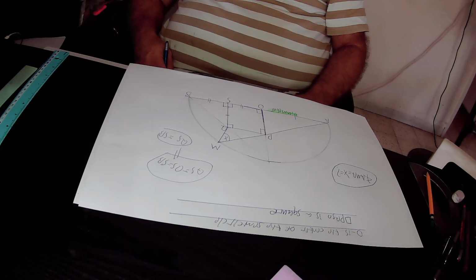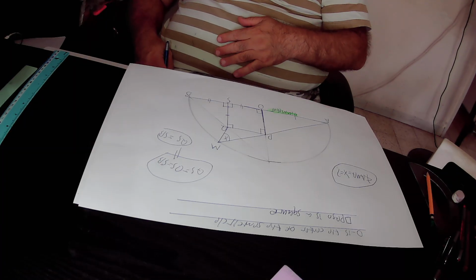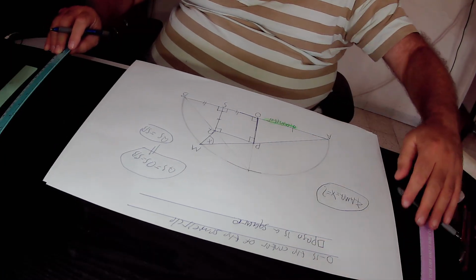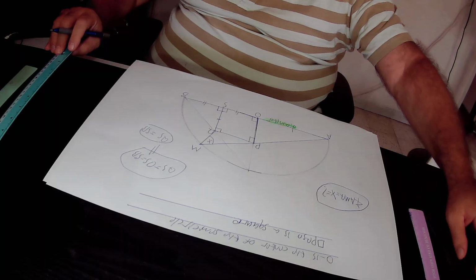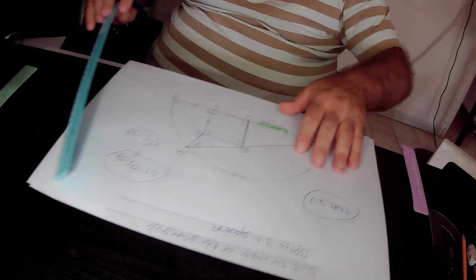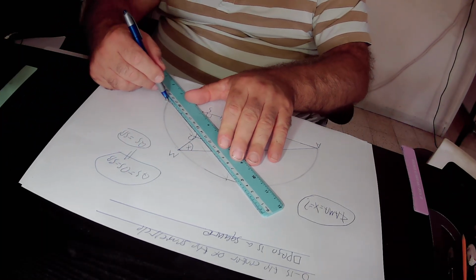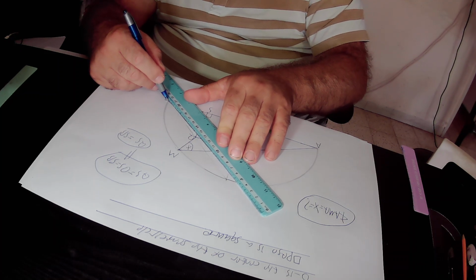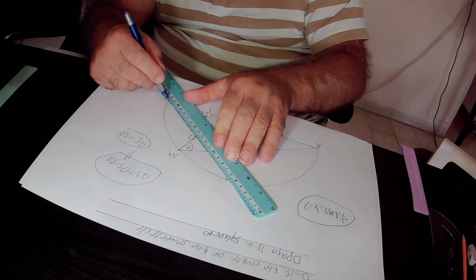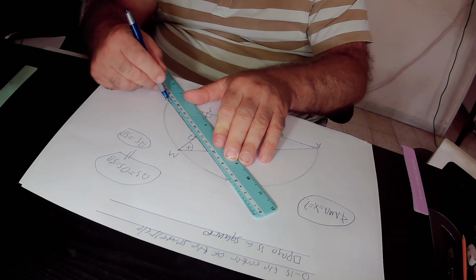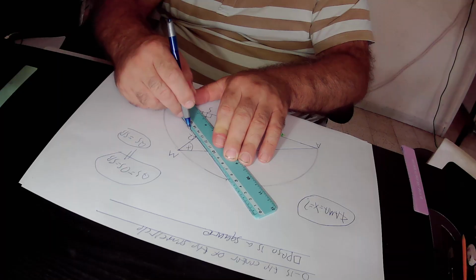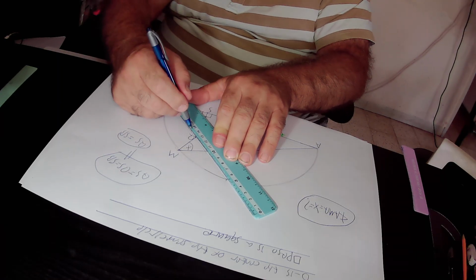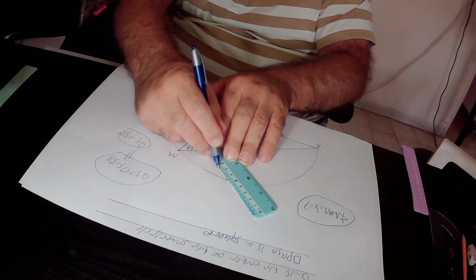So in the next step, we will do a construction. This is to say, we will join points B and Q together by a straight line. And then we'll extend line segment BQ until it touches the semicircle.